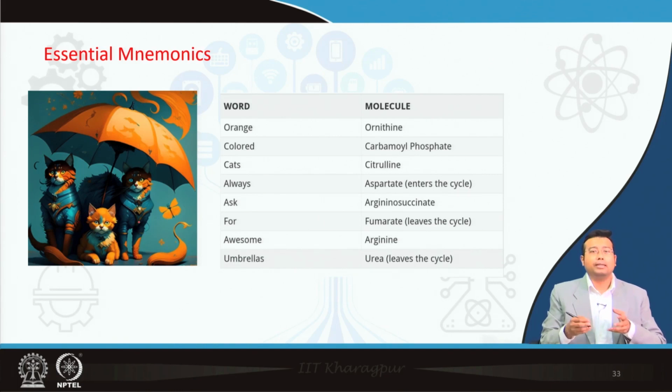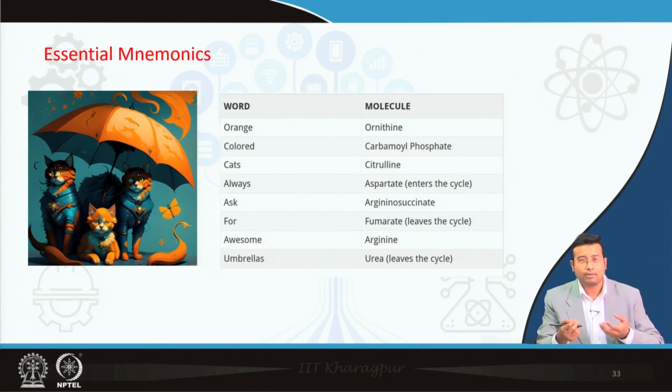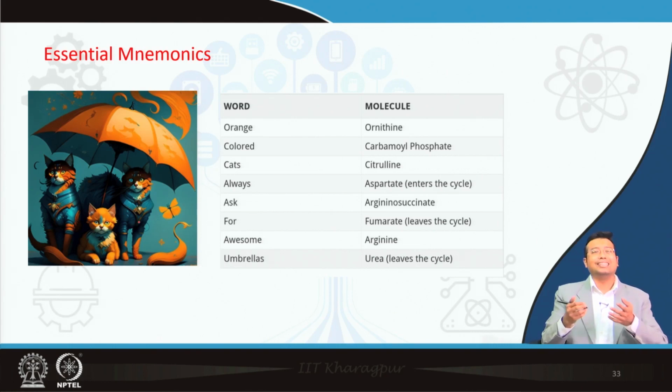Now, you must be overwhelmed with so many enzymes and so many important molecules appearing in sequential order in the urea cycle. Especially students preparing for postgraduate and competitive exams may find it difficult to remember the sequence of these names for MCQ purposes.